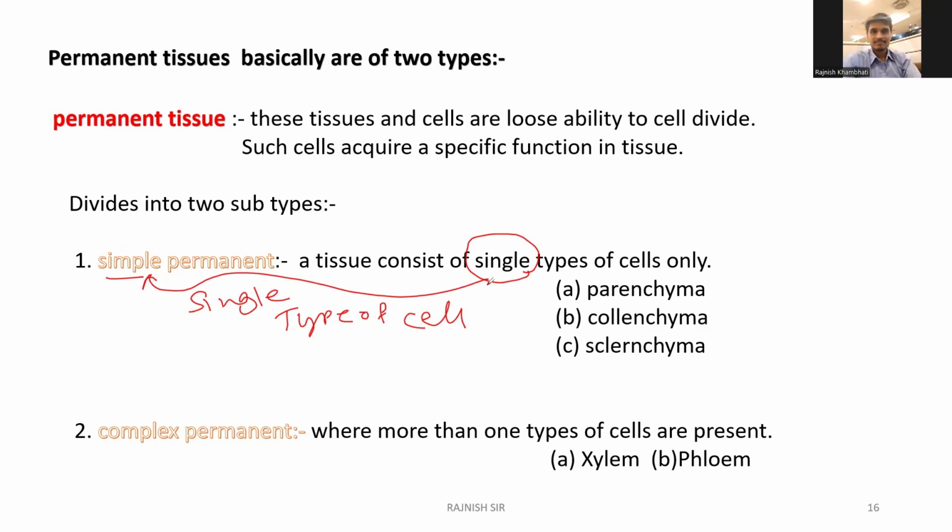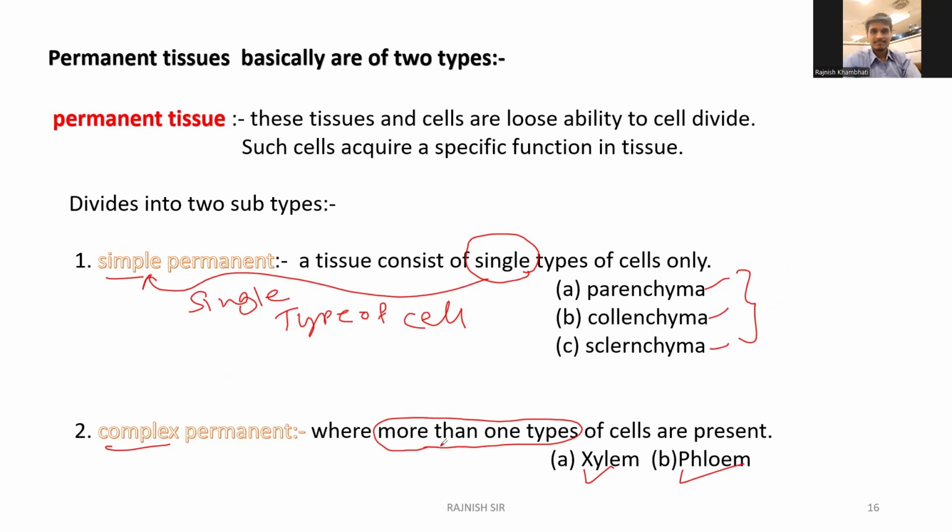For example, parenchyma tissue, sclerenchyma tissue. Further, we are going to learn these tissues, so you will understand why they are called simple. Complex permanent tissues are of two types, xylem and phloem, and we call them complex because they are made up of more than one type of cells.